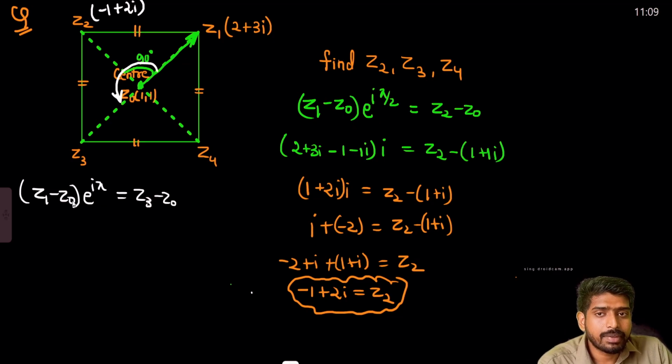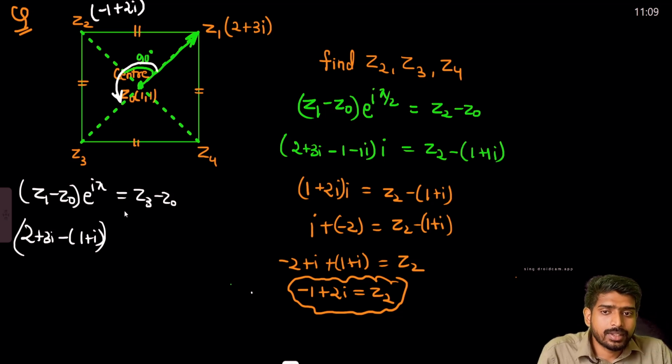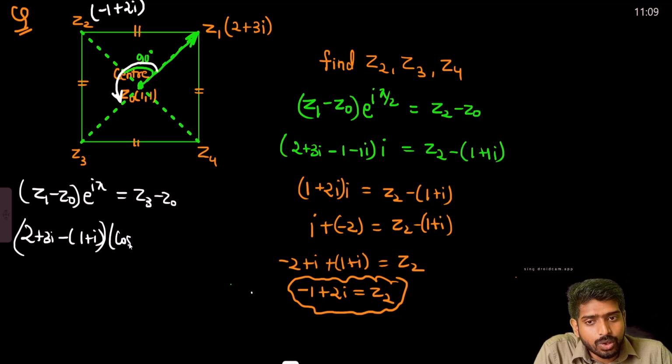So now what is z1 minus z0? Z1 minus z0 is 2 plus 3 iota minus 1 plus iota. And what is e to the power iota pi? It is cos pi plus iota sin pi. And here I get z3 minus z0. Z0 is 1 plus iota.